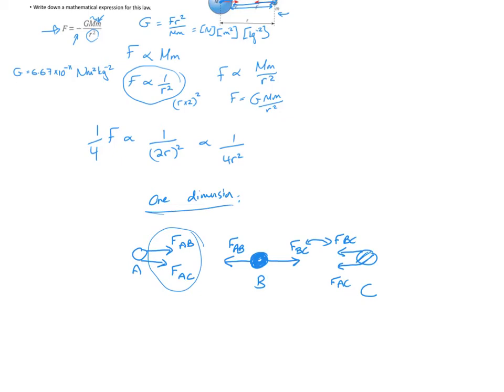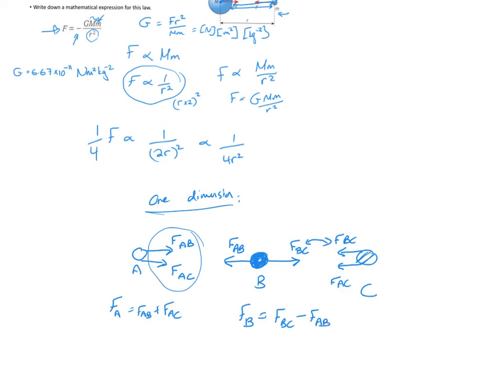If you want to calculate the force on B, we're talking about object B, then the resultant force on object B will be the force BC minus force of AB.